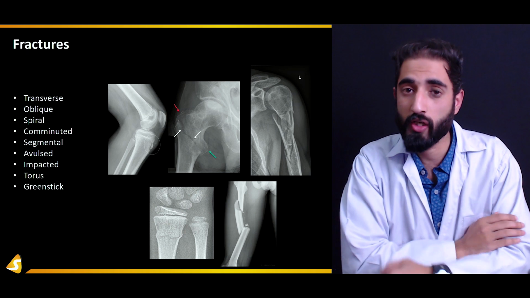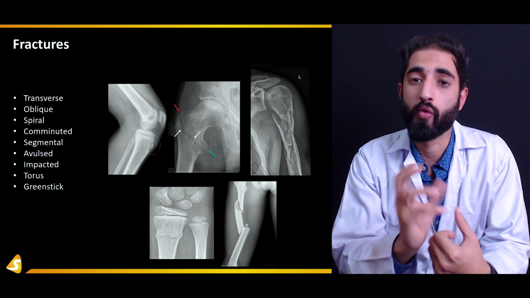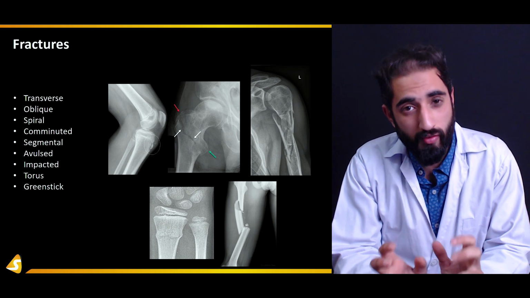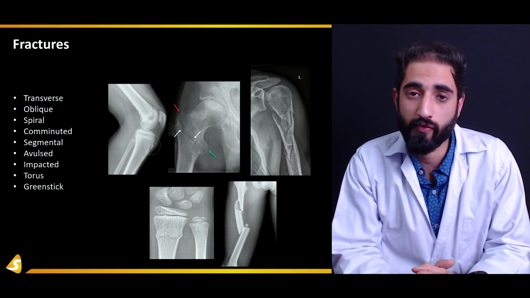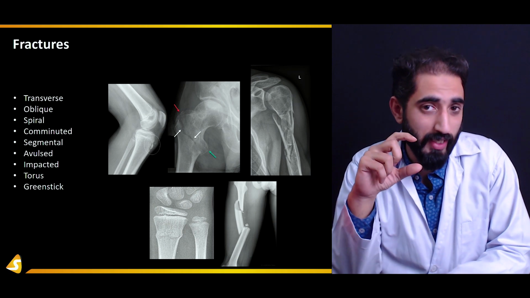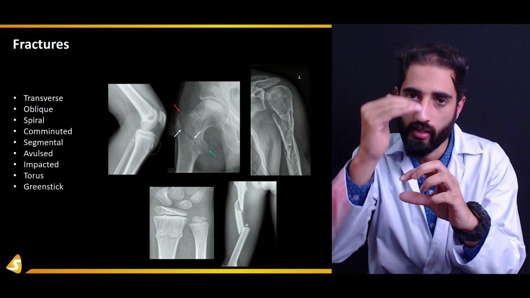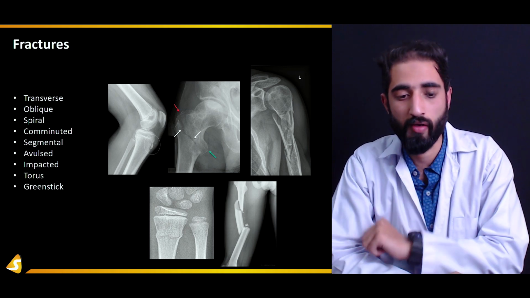There are spiral fractures, which are caused by rotational stress. And we will see comminuted fractures, which have a lot of fragments. There are segmental fractures, in which a specific segment is separated from the longitudinal axis of the bone.